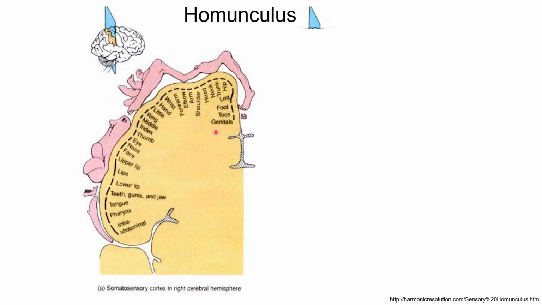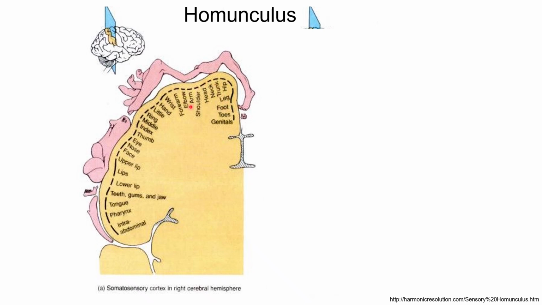And here we can see that there is a mapping in different regions of the somatosensory cortex to different body parts. So for example, this part here is getting the sensory information from the hip, from the trunk, from the neck, from the head, from shoulders, arms, wrist, hand, fingers, and so on.